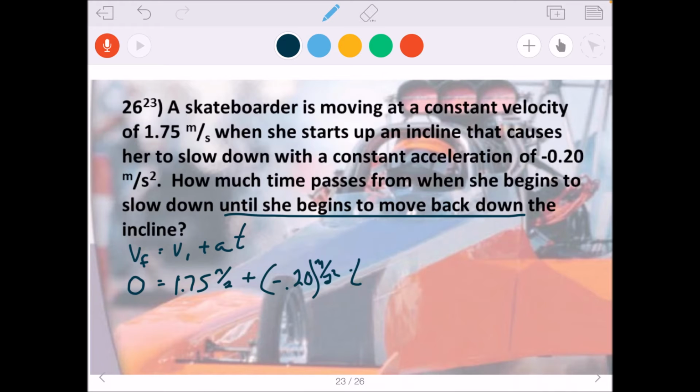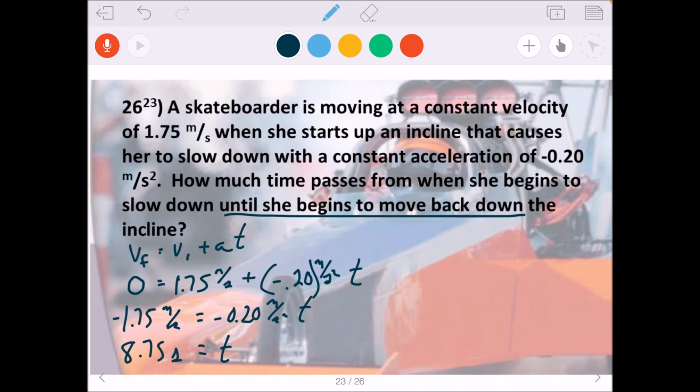So if I subtract the 1.75 from both sides, that is equal to negative 0.20 meters per second squared times the time. So if I divide both sides by the negative 0.2, it gives me a time of 8.75 seconds.